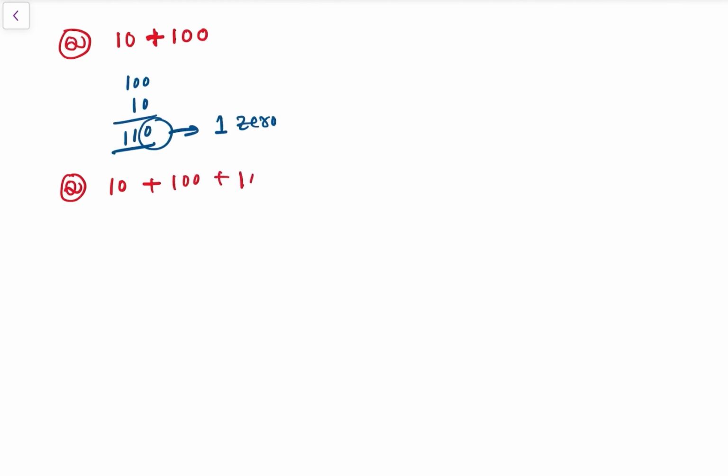What is the number of zeros towards the end of 10 plus 100?